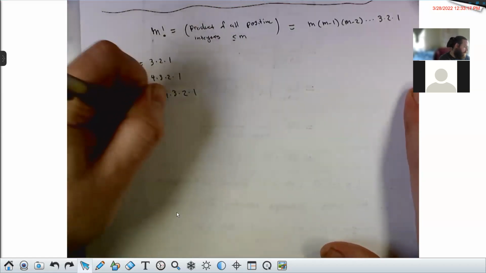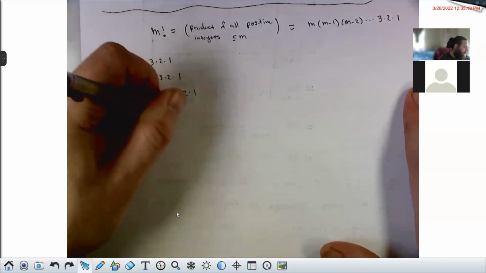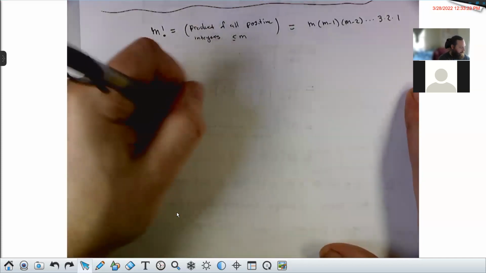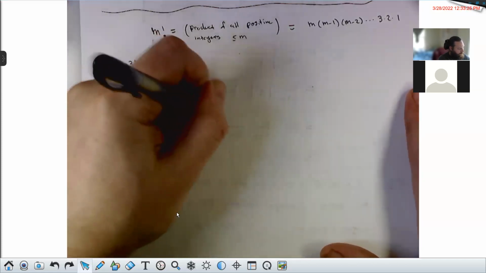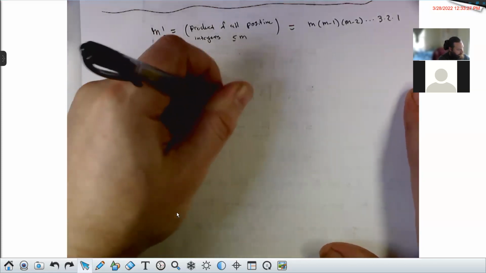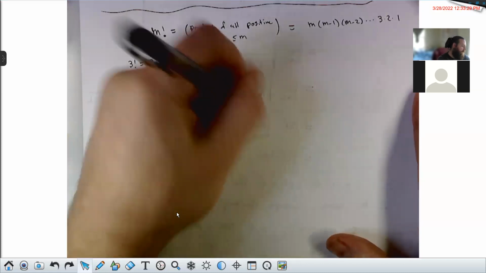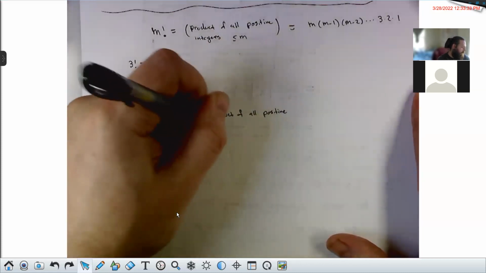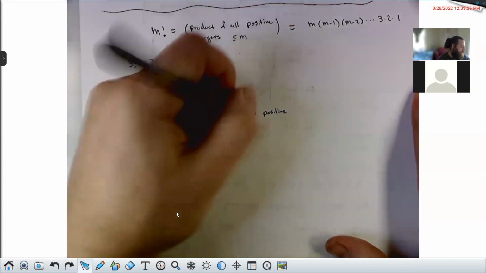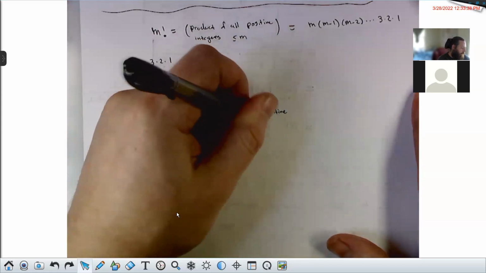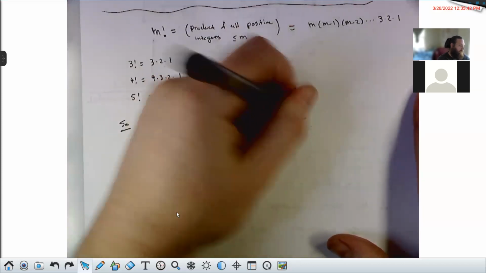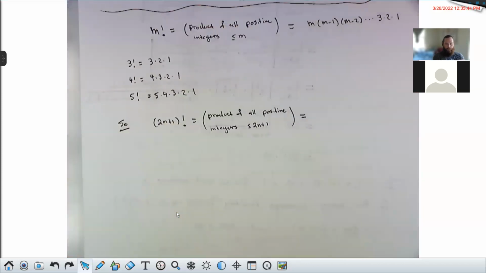So 2n plus 1 factorial should be the product of all positive integers which are less than or equal to 2n plus 1. So we're going to start at the top and multiply our way down.